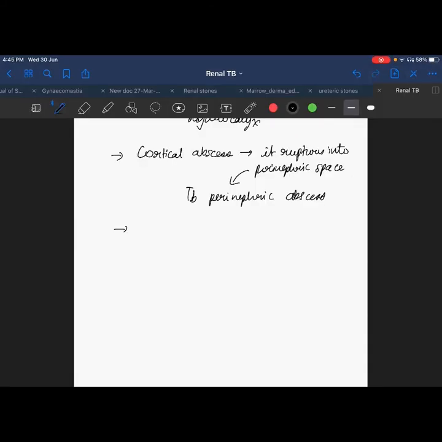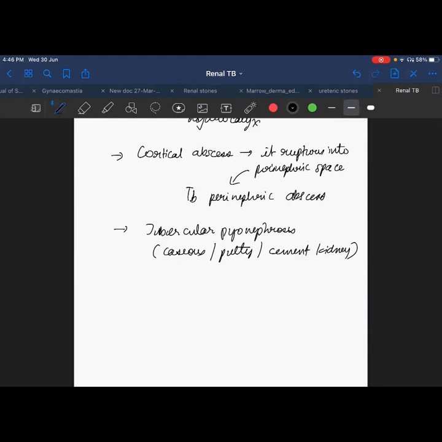Next is something known as tubercular pyelonephrosis. It is also known as caseous, putty or cement kidney. The name itself is tubercular pyelonephrosis.